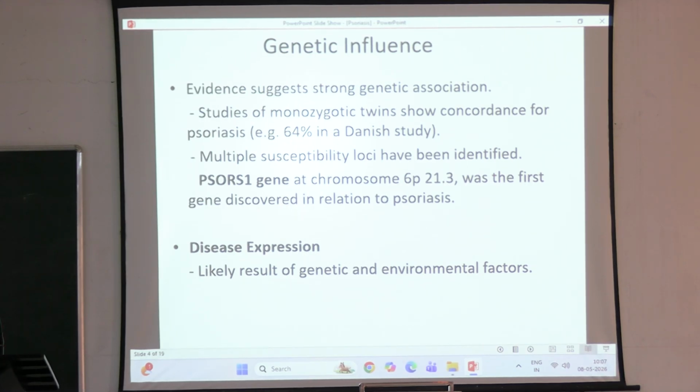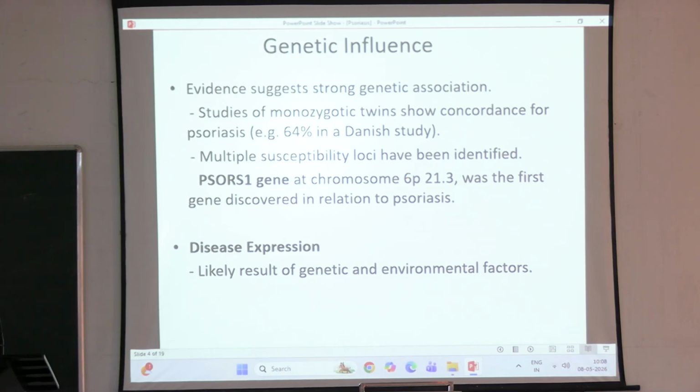Most importantly, multiple susceptibility loci have been identified, and the PSORS1 gene on the short arm of chromosome 6 was the first gene discovered in relation to the disease. This is very important. The PSORS1 gene at chromosome 6p21 was the first gene discovered.